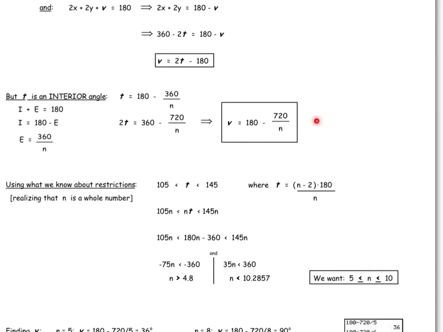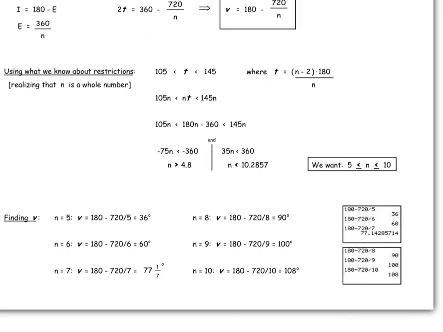If you put this formula together with this restriction, you can go directly from here and here to your answer. We worked with 5, 6, 7, 8, 9, and 10 because our restriction told us those are the only n's that would give us 105 to 145 for t.